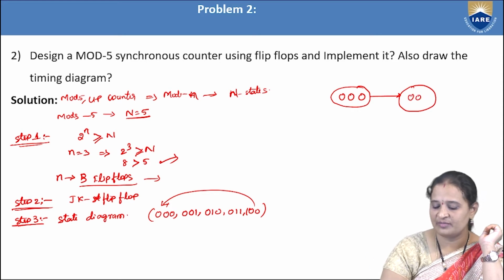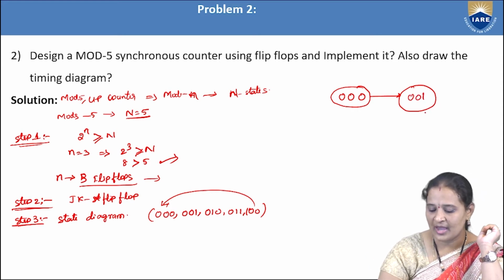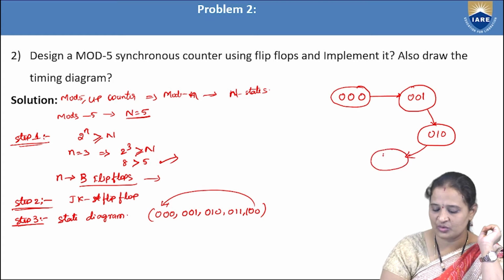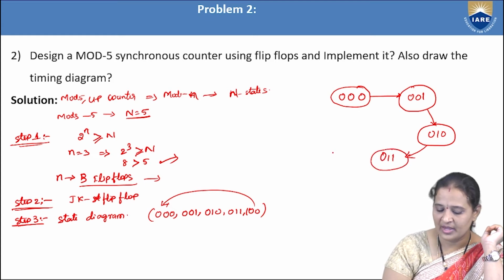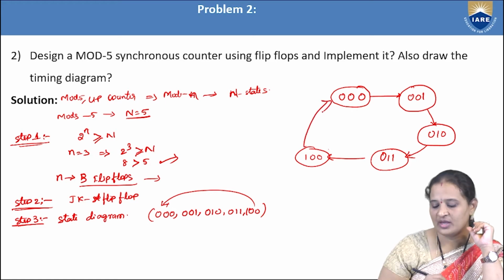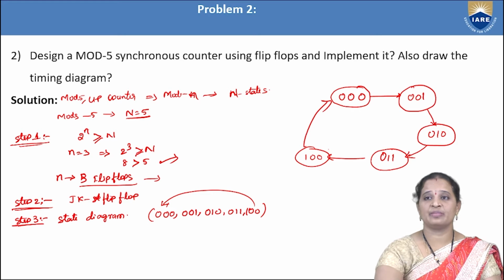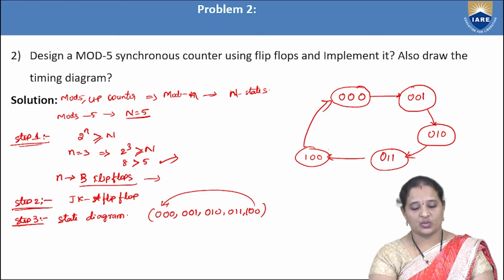The next state will be 001. And then it will go to 010. And then from 010, it will go to 011. And from 011, it will go to 100. Once it is 100, it will go to the initial state, that is 000. This is the state diagram of this one.